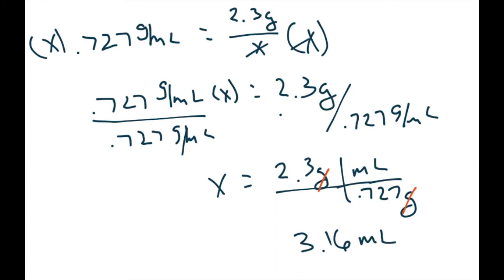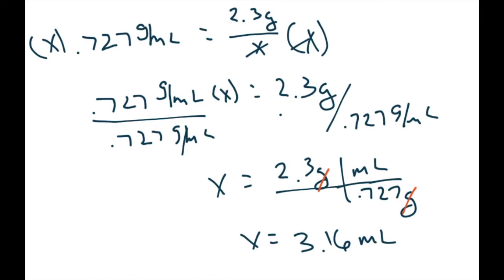Something to remember: if your density is less than 1, you always need more mLs than you have grams. If your density is greater than 1, you always have fewer mLs than you do grams. If you keep that in your head, it will help you figure out if your answer makes sense logically.